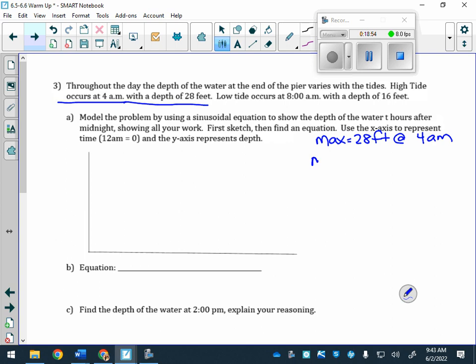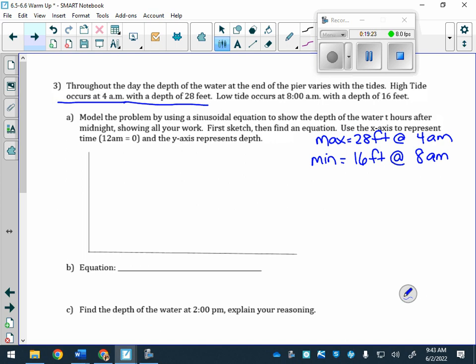So, what is the time difference between your max and min? 4 hours.